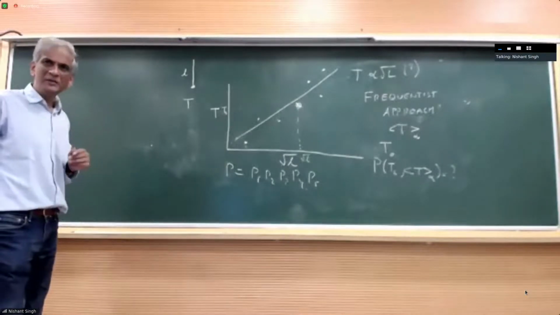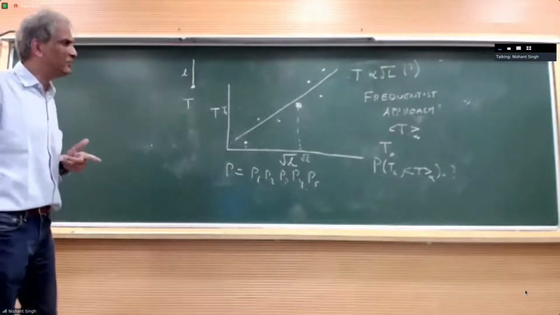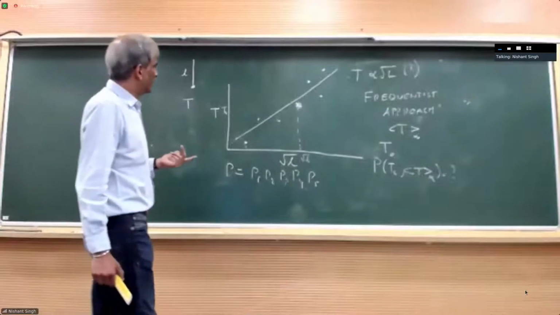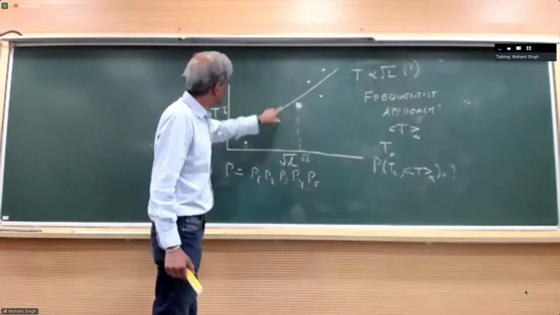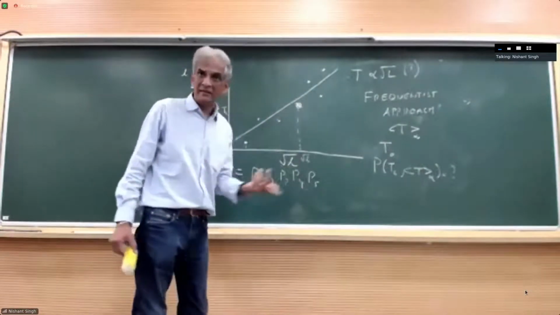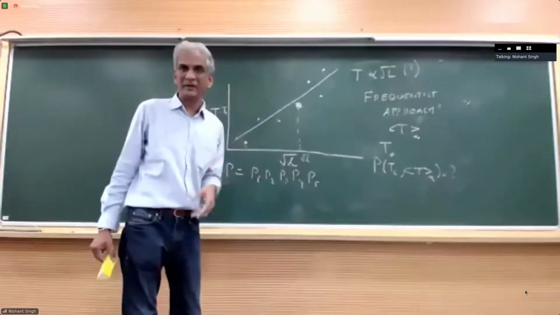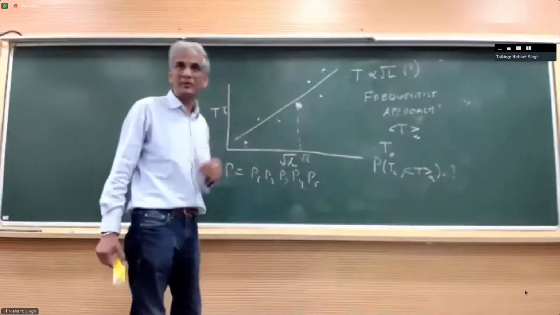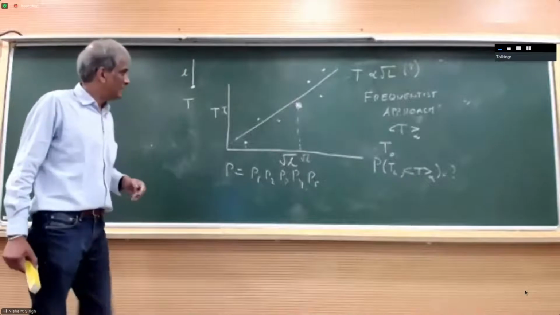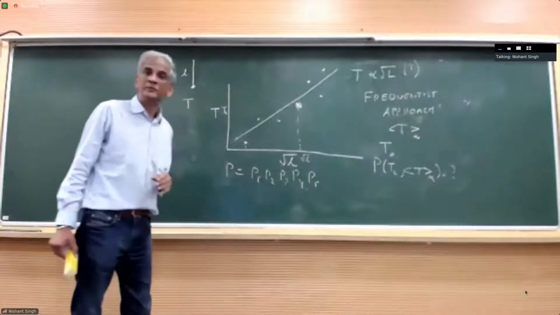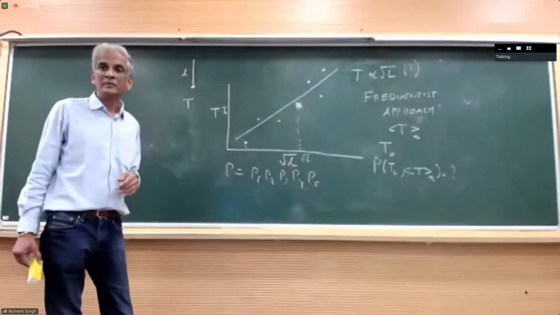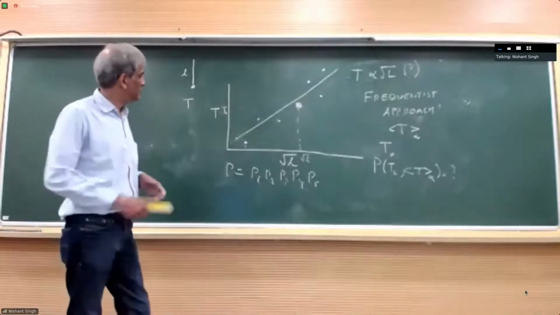What does this large mean? And what should be the probability? The probability that I'll get these same points again, these specific points in any experiment, is 0. Did you understand why it's 0?